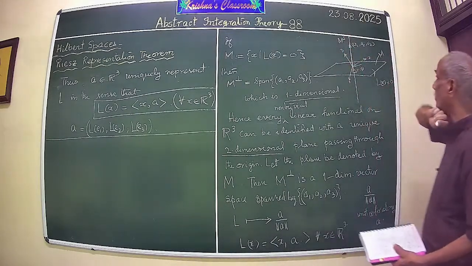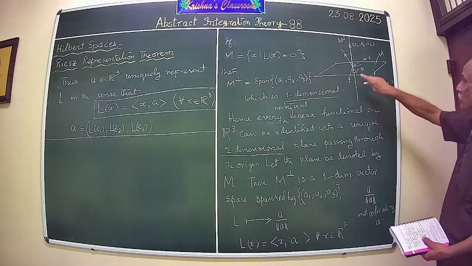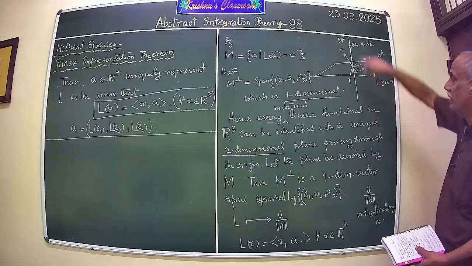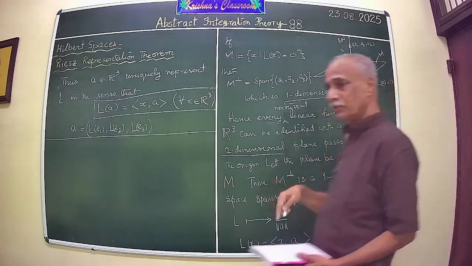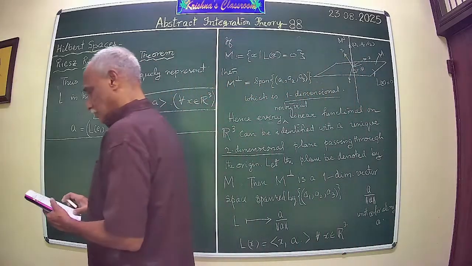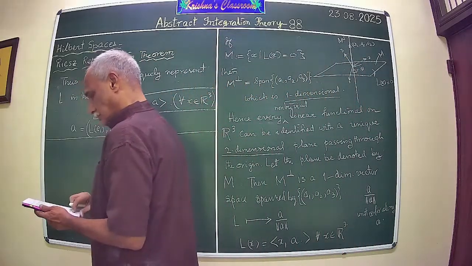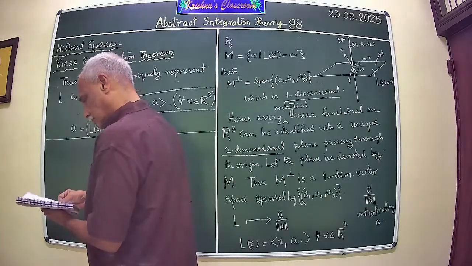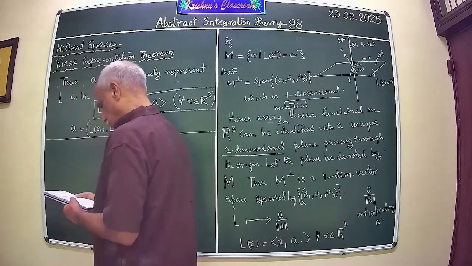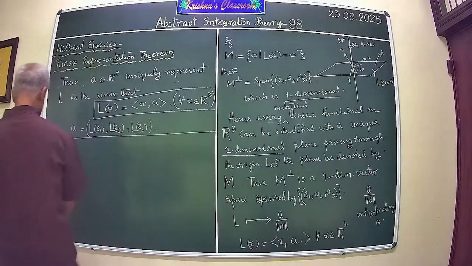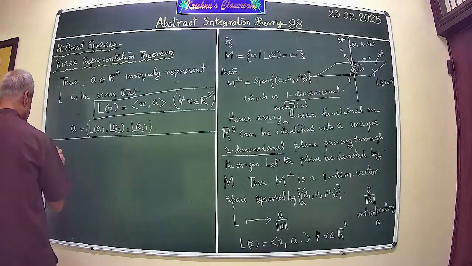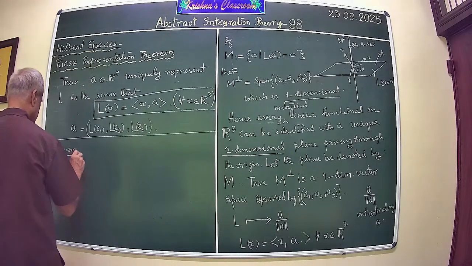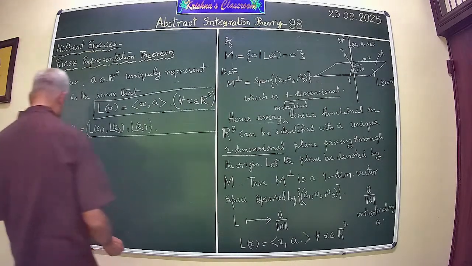Okay, so the vector that is going to be identified with L is going to be a vector in its orthogonal complement. Which vector we shall see. So let me make a statement of it. This is the representation theorem.